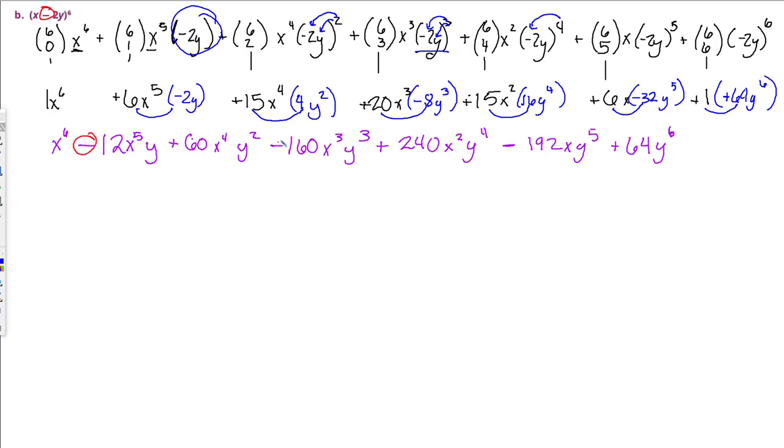They alternated. And so term 1 was positive, term 2 was negative, term 3 was positive, term 4 is negative, 5 positive, 6 negative, 7 positive. So our even terms are the ones that are negative.